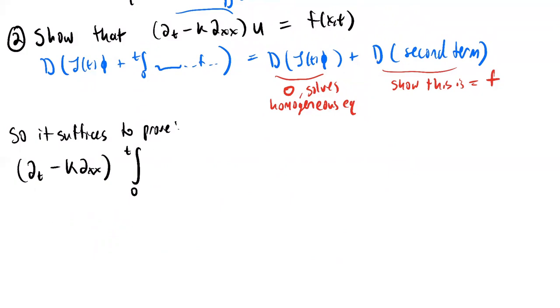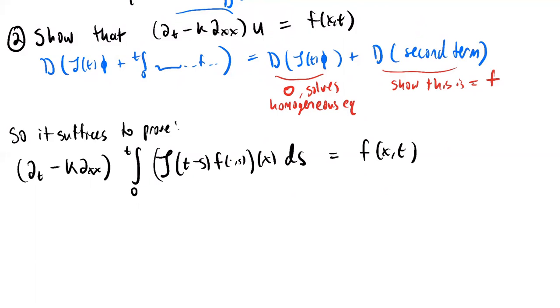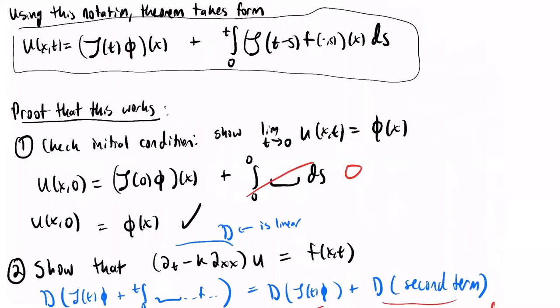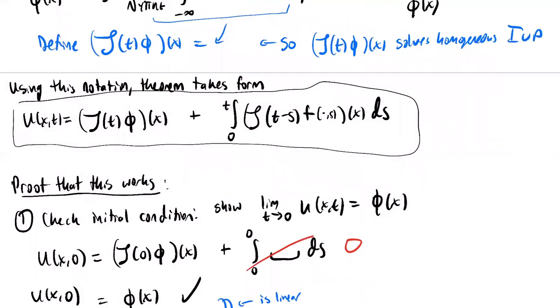So the remaining term is the solution operator at t minus s applied to the function f at x, and integrating with respect to s. And I want to show that this derivative operator gives us f of x,t. Because on the left-hand side, this is just the diffusion operator, and I'm applying it to the second term.